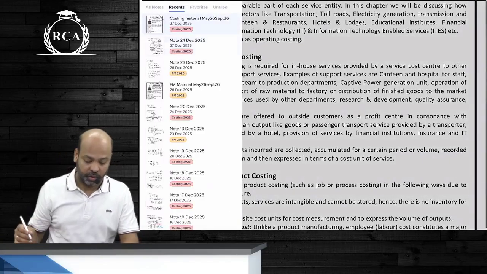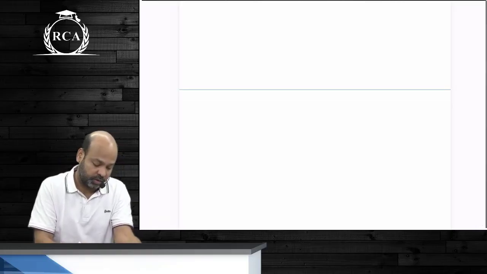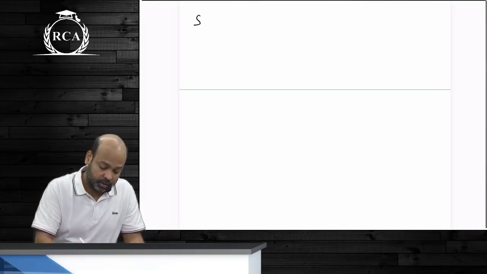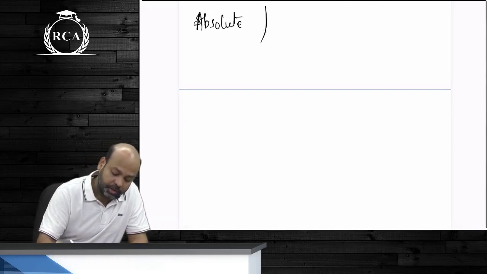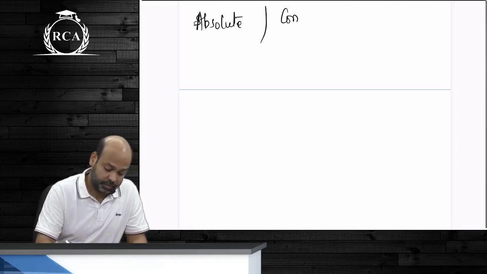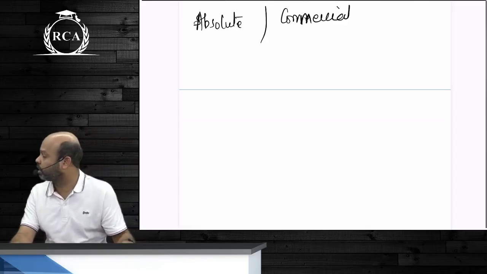Under this cost unit, guys, we have two things, something called a simple cost unit and a composite cost unit. We have absolute and commercial. Absolute and commercial, beta.